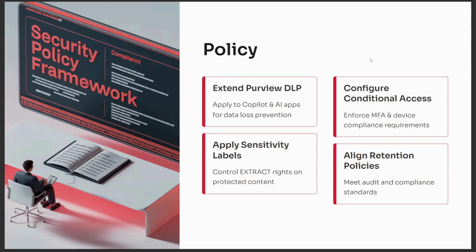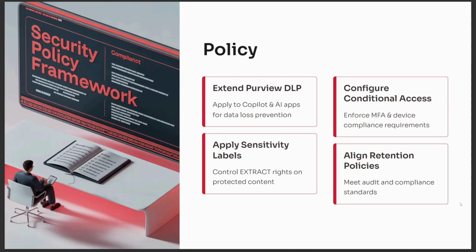So, another key thing we want to keep in mind is applying sensitivity labels. Sensitivity labels offer great benefits in the sense that you can put controls on what information you don't want Copilot to extract.